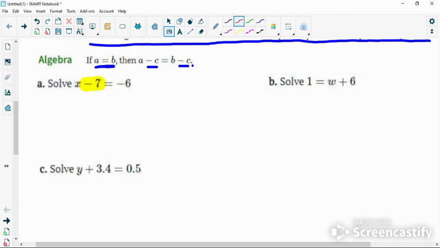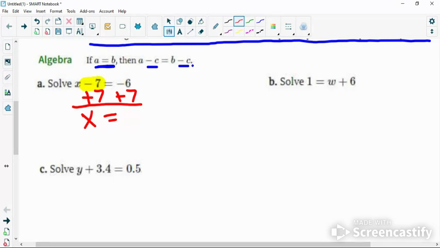So the opposite would be to add 7 to both sides of the equal sign. -7 plus 7 leaves me with 0. So over on the left, it is just x. And on the right, I have -6 plus 7.